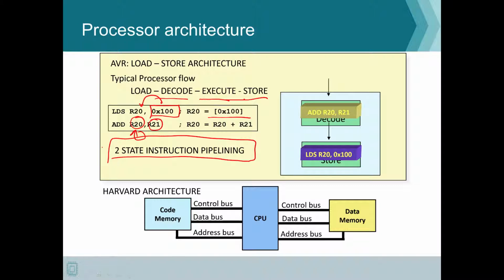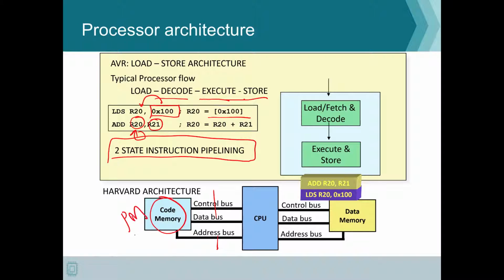Also, another point to note is that the AVR processor has two different memories connected on separate buses. Here you can see there is a separate bus for your code memory, which is also your program memory, which is also your instruction memory, and then there is a separate bus for your data memory, which stores the data.